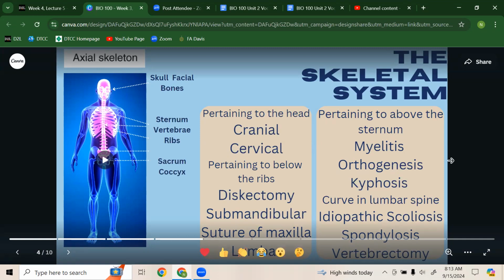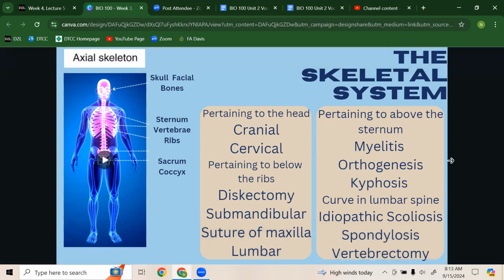Okay, suture of the maxilla. I'm not 100% sure if maxilla is on your list off the top of my head, but your maxilla is another one of your facial bones. It forms your upper lip, kind of just below the nose. That's where your maxilla is. So suture is a new word for you. That's one of your new suffixes.